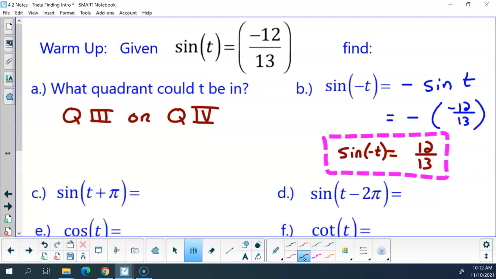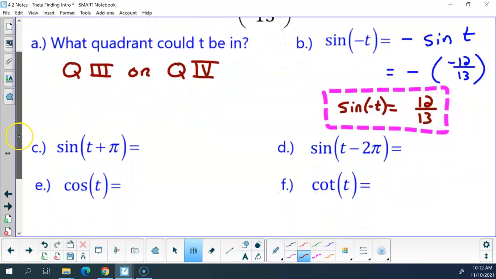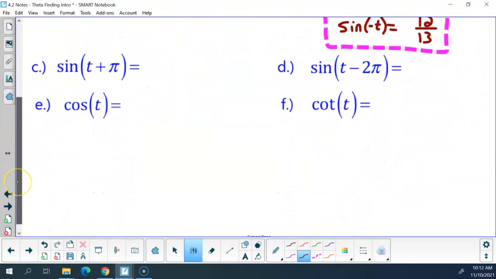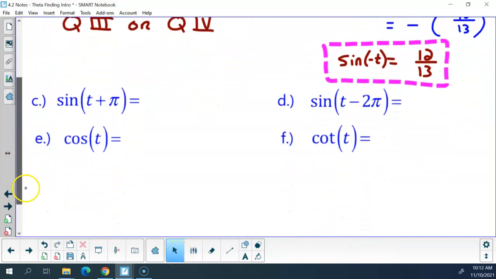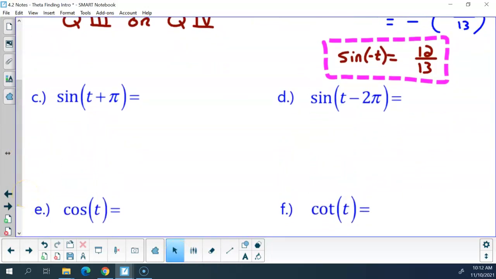Okay. Then next, now let's go to the sine value. Now it said, what is the sine value of t plus pi?